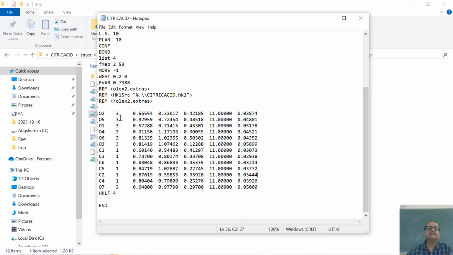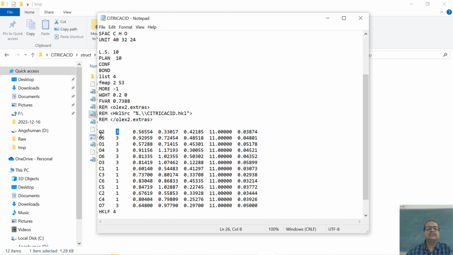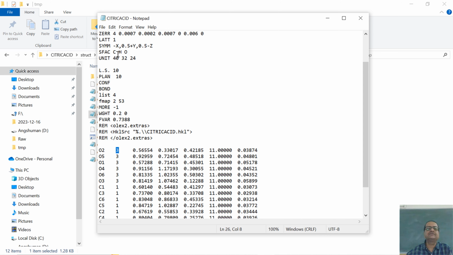So here it says, see, when it says 3 means it is the third element in your structure factor table. 1 means it is the first element of your structure factor table. This is x, that is fractional coordinate, that is x by a, y by b, z by c. 11 is the occupancy parameter, 100% occupied, that is why it is 11.